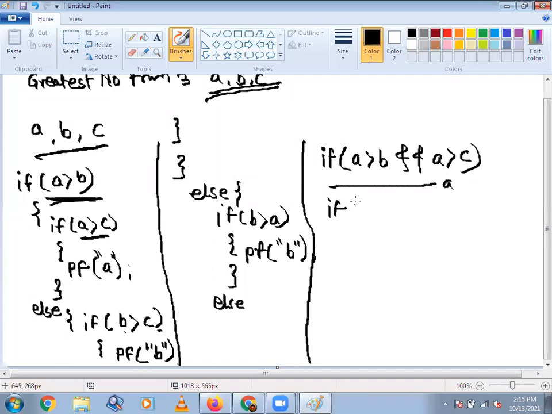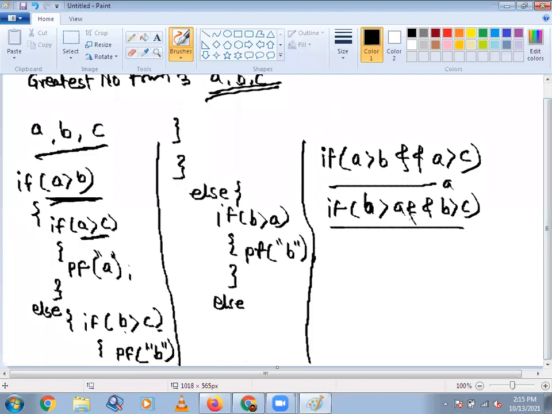Or second condition, if B is greater than A and B is greater than C. Okay, this is the second method. What is the third method? First, we used an if else ladder. Second, we used if with logical operators.